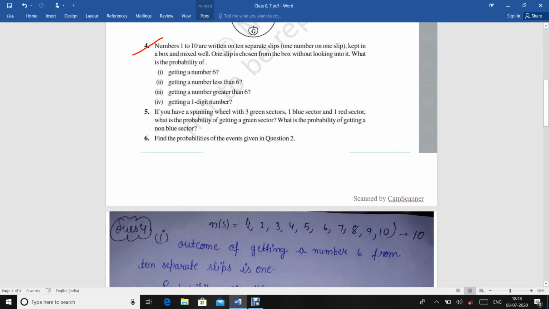Question number 4 is saying numbers 1 to 10 are written on 10 separate slips, one number on one slip, kept in a box and mixed well.